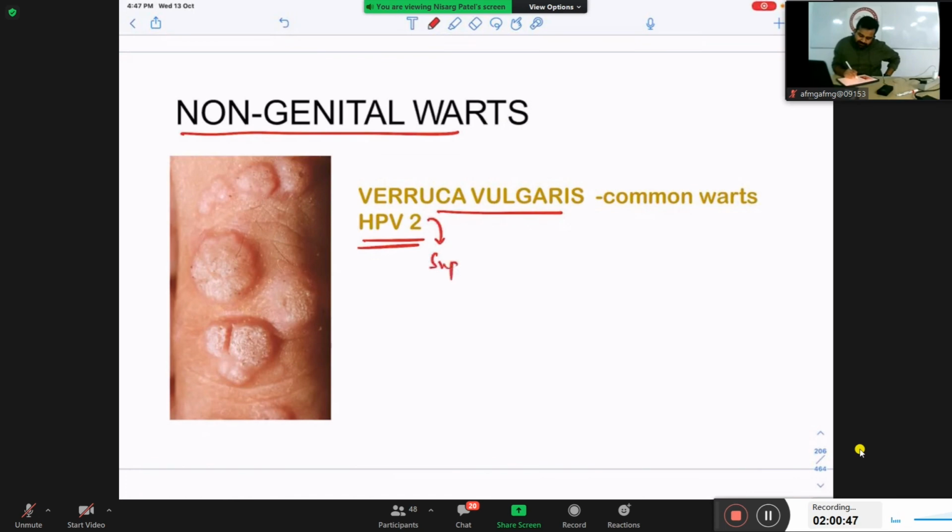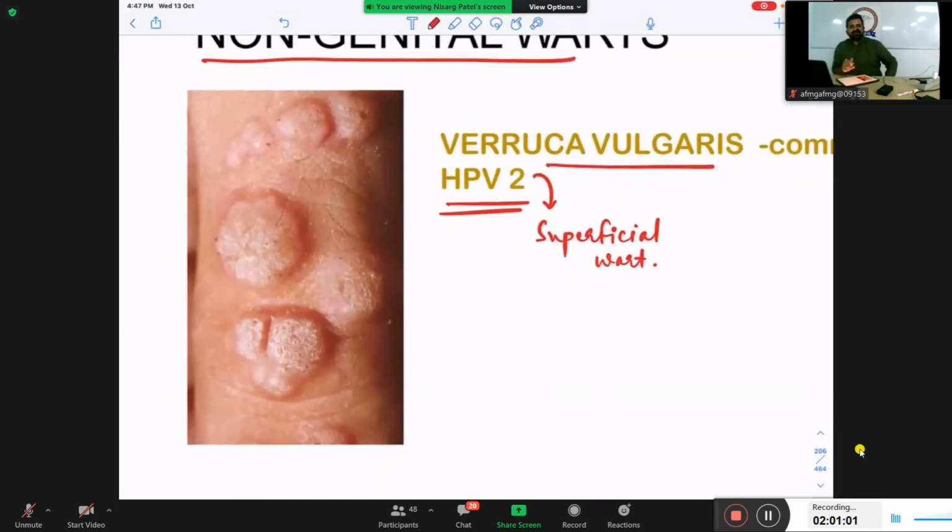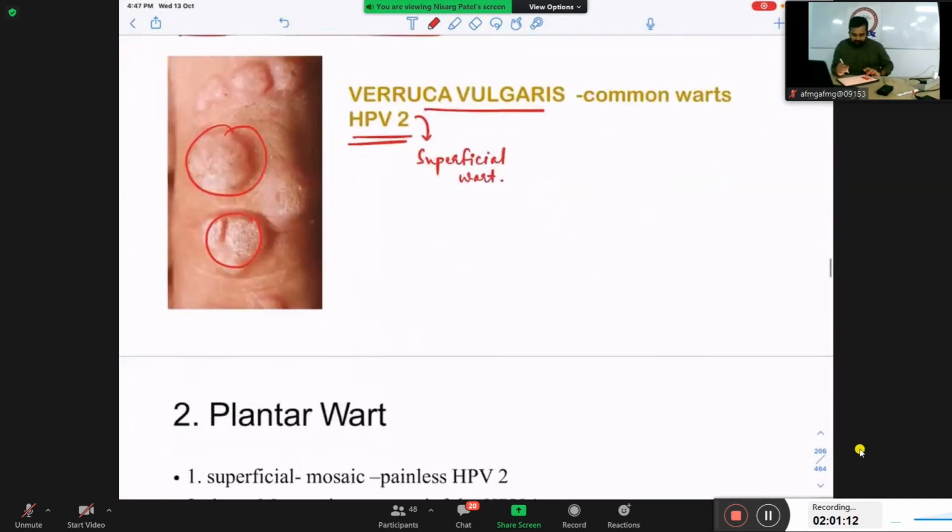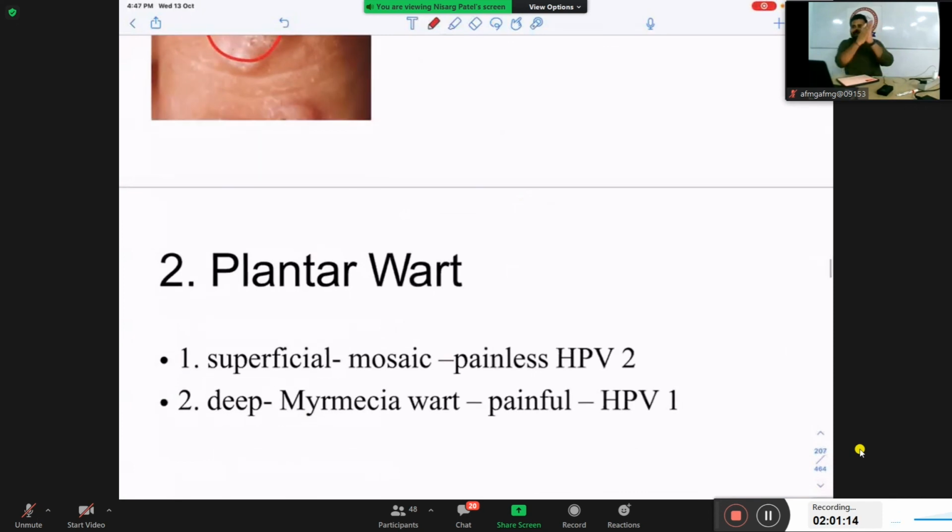HPV2 causes a superficial wart. These warts are superficial, so they will not be painful. As you can see in this patient, there is a hyperkeratotic rash present, but these will not be painful. Okay, but if it is on my palmar or plantar surface, it is a plantar wart.